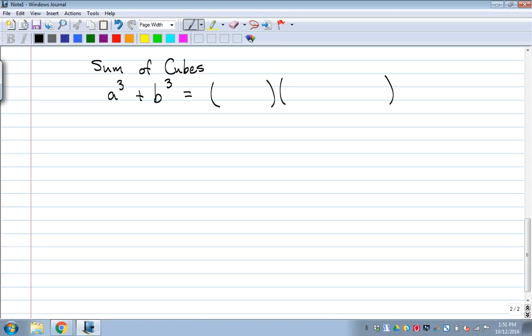The short piece is the easiest one. If I can rewrite that sum of cubes as something cubed plus something else cubed, I'll give an example with a number in a minute. The short term is always going to be the same, except you take the cubes away. So it would be a plus b in the short little piece there. Always going to match that, on the sum of cubes.